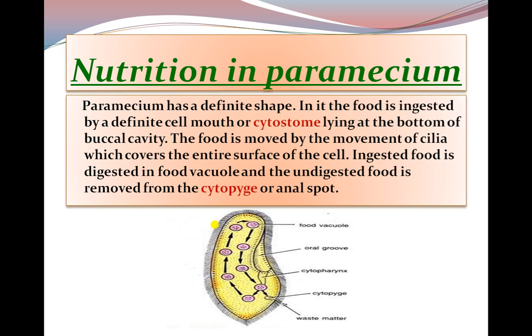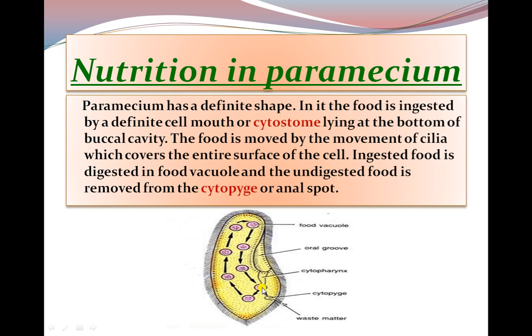So with the help of these cilia, it captures the food particle and takes it towards this oral groove, and then this food is taken through this cytopharynx, and at the bottom of the cytopharynx, you are watching this circle. This is a food vacuole.